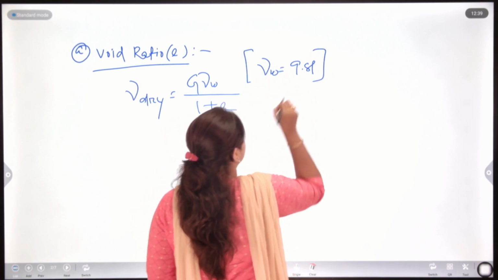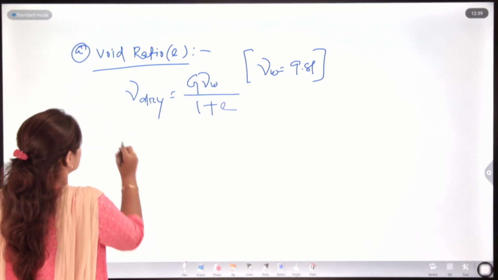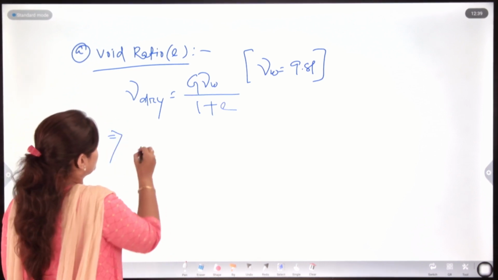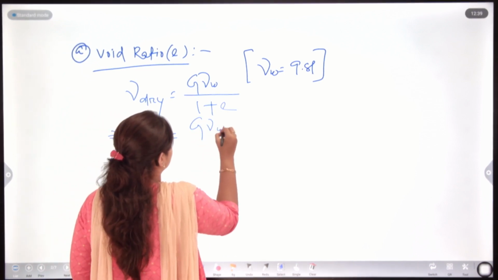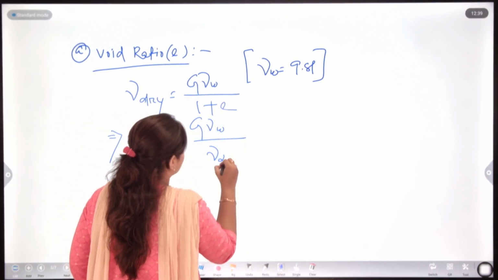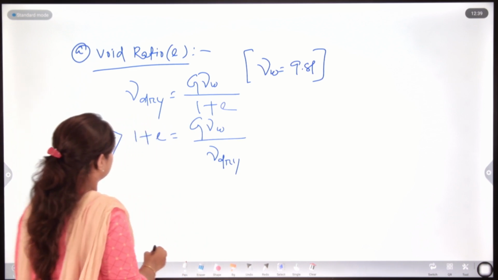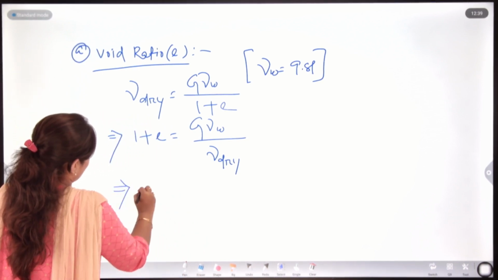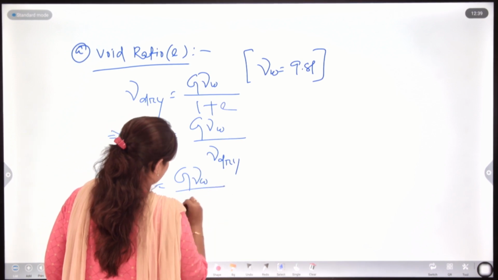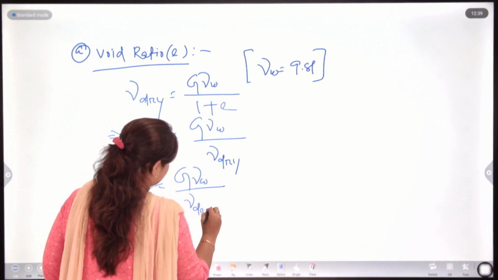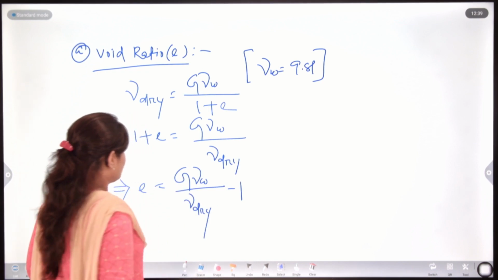We need to remember this. Here 1 plus e will become G into gamma W upon gamma dry. So, your void ratio will become G gamma W upon gamma dry minus 1.